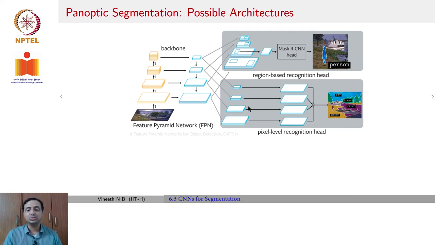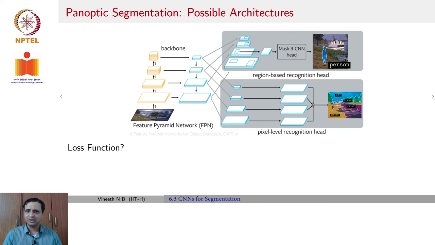You could also send those different feature maps through a pixel level recognition head for your semantic segmentation. So in both these approaches, there is an instance segmentation pathway and a semantic segmentation pathway, which are combined to give your panoptic segmentation.